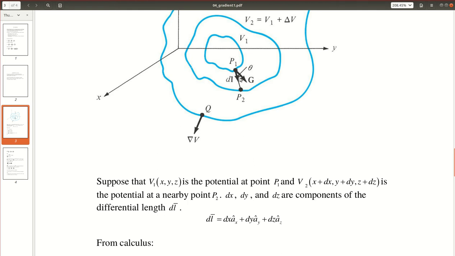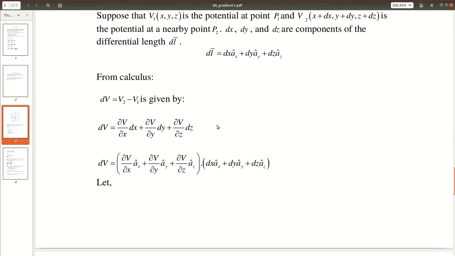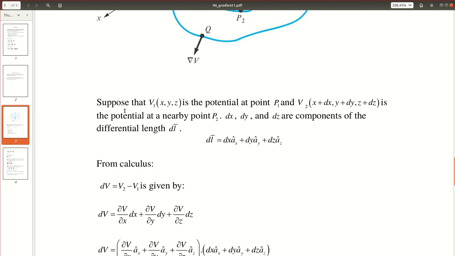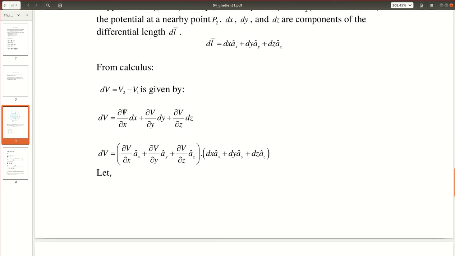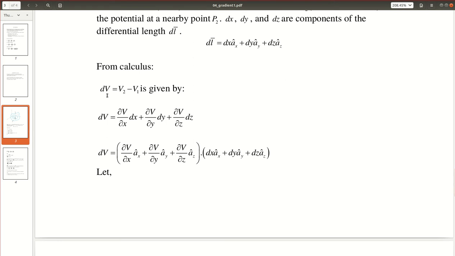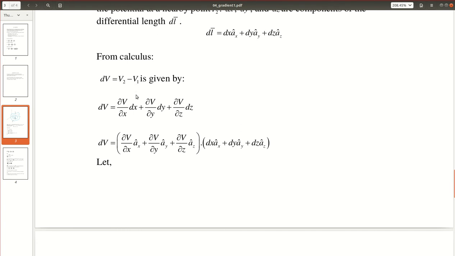Now from the calculus we have dV, the differential potential, the difference voltage or difference potential V2 minus V1. So from V2 to V1 you take dV, which is the partial differentiation of V in each direction, multiplied by dx, dy, dz.